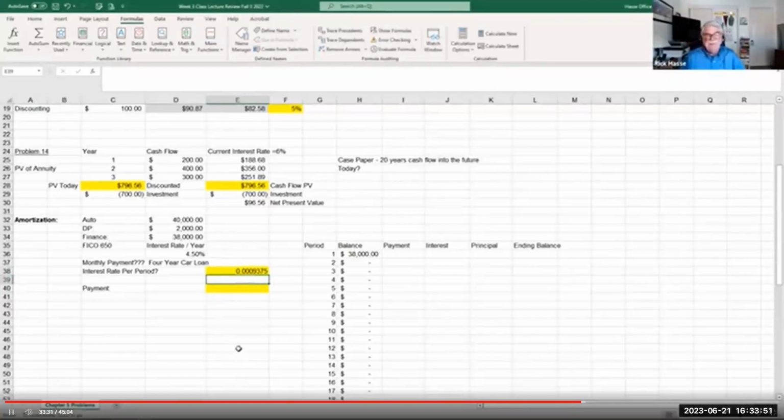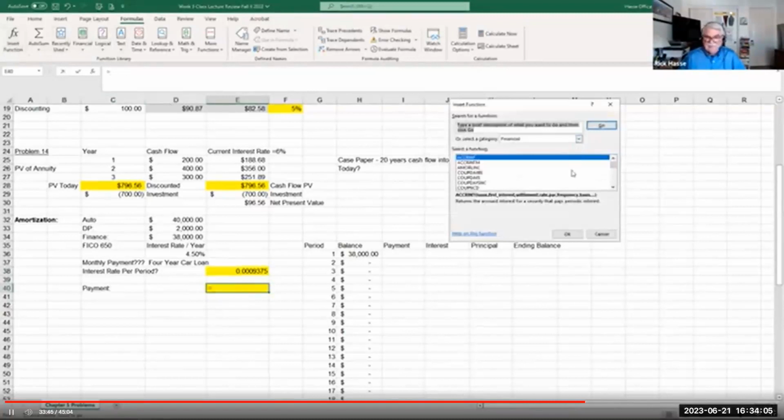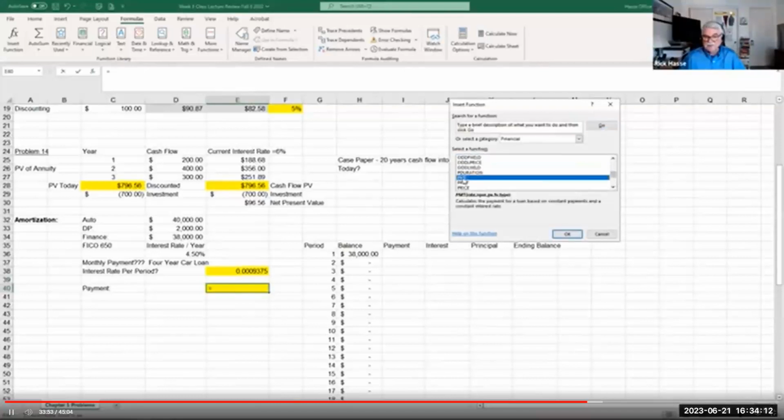So what will my payment be on this $38,000 loan at that interest rate per period for 48 periods? Formula, function. We've been there before. Financial. And now I look for payment, PMT. There it is right there, the payment function. And I can calculate my monthly payment. It says here, calculate the payment for a loan based on constant payments and a constant interest rate. This is not a flexible rate.